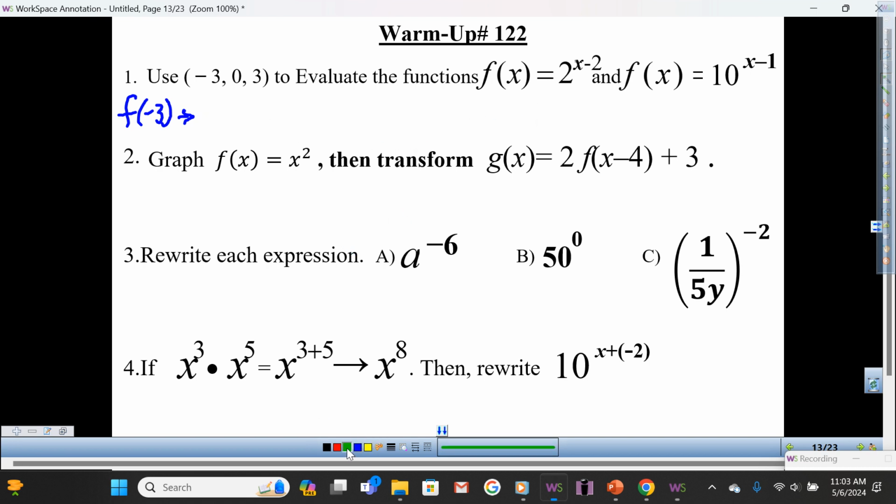So Anthony D is going to enlighten us now with f of x equals 10 to the x minus 1, and we're starting with f of -3. What'd you get to f of -3 now with base 10? Ten to the exponent of -4, because we substituted -3 right there. All right.